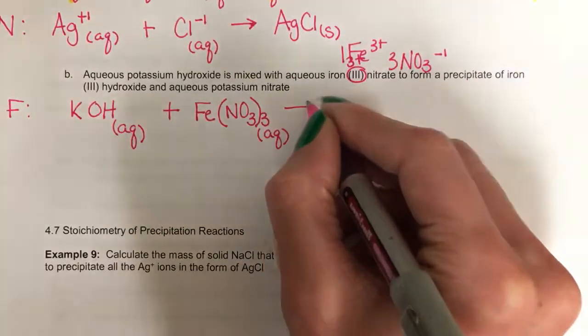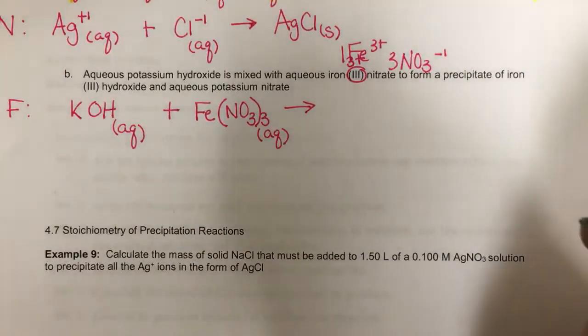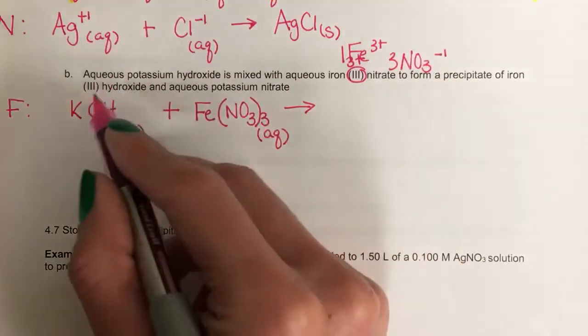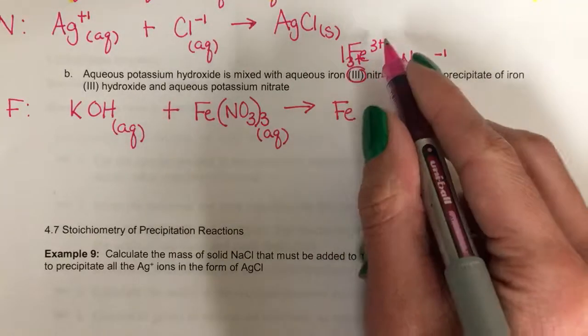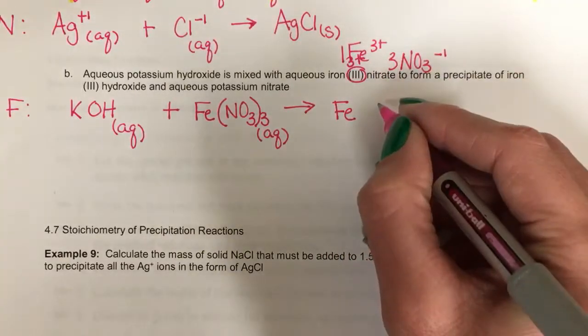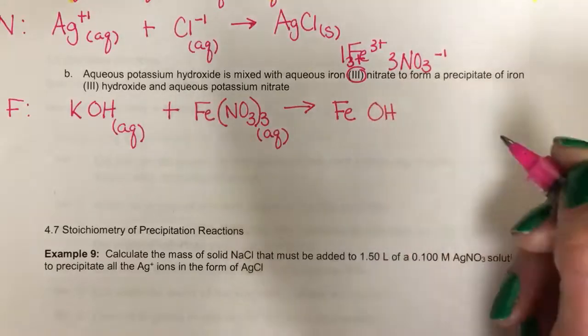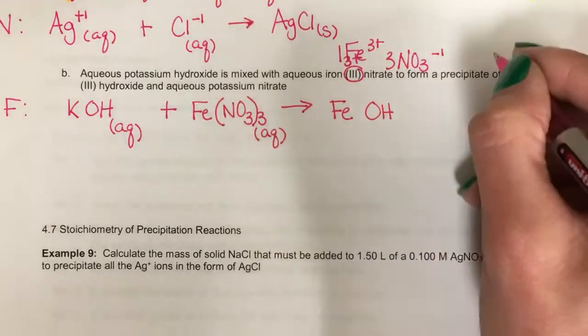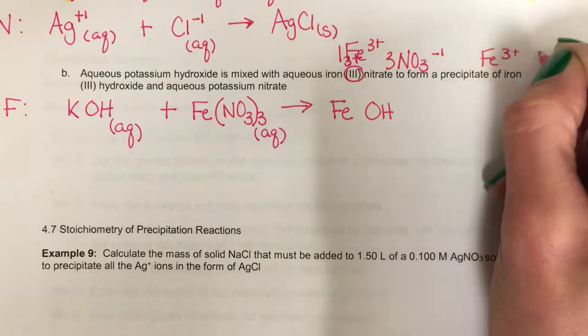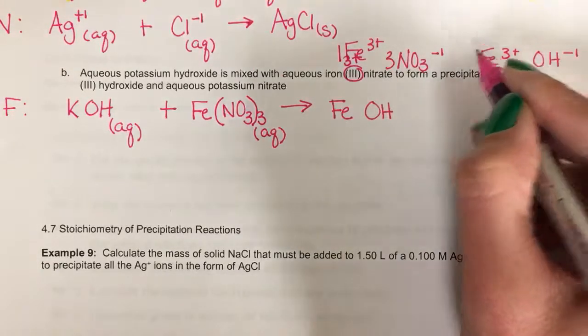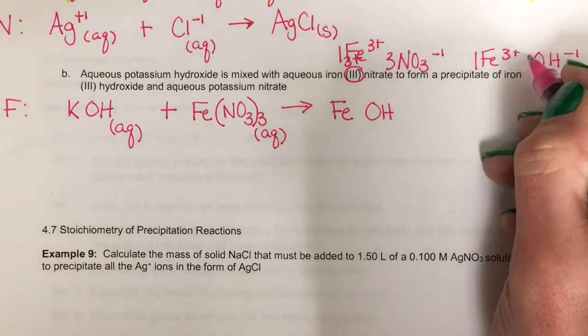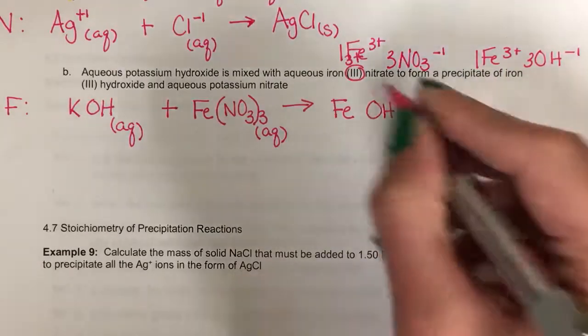I need parentheses, and I need to show that it's aqueous. It's going to form a precipitate of iron 3 hydroxide. So iron is still a +3. OH is still a -1. So Fe3 plus OH -1, just like I did before. I switch charges. 1 Fe, 3 OHs.